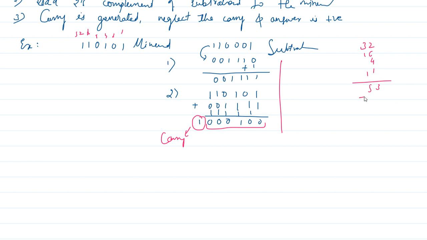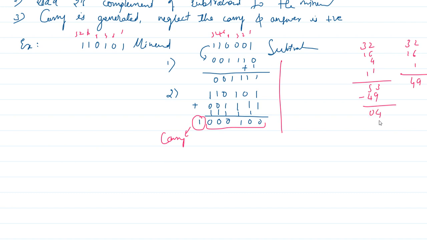Okay, what does the subtrahend say? 1 2 4 8 16 32. 32, 16 and 1. For your simplification, I am writing here 49. If you calculate this, what is the answer?